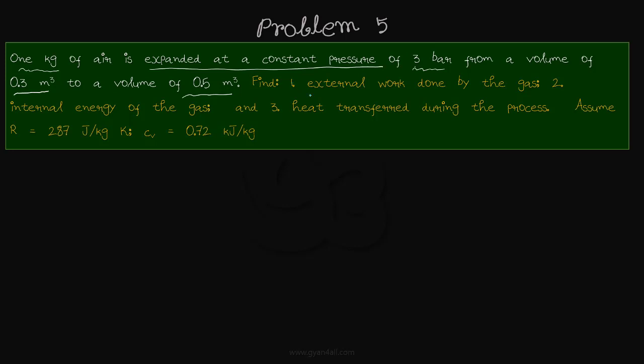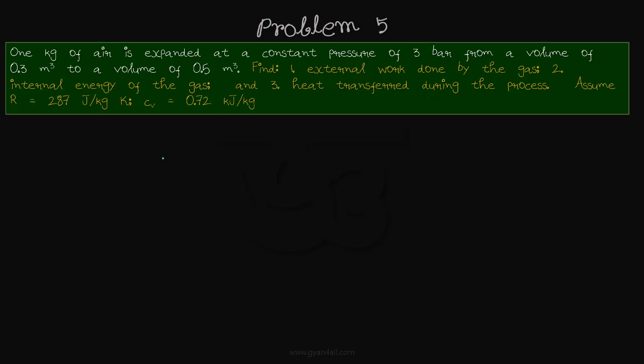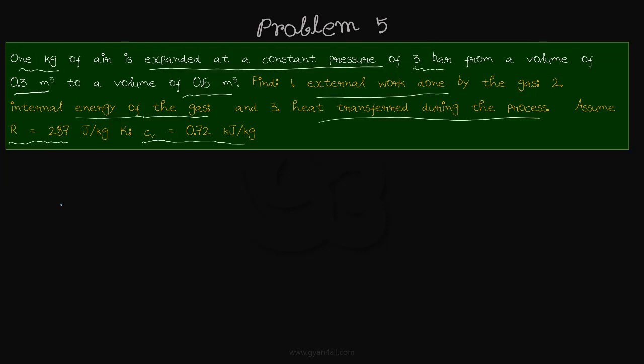We have to find out the external work done, W, the change in internal energy of the gas, and the heat transferred during the process, and the value of R, the characteristic gas constant, and specific heat at constant volume are given. So the given data are: M, mass of air, is equal to 1 kg.